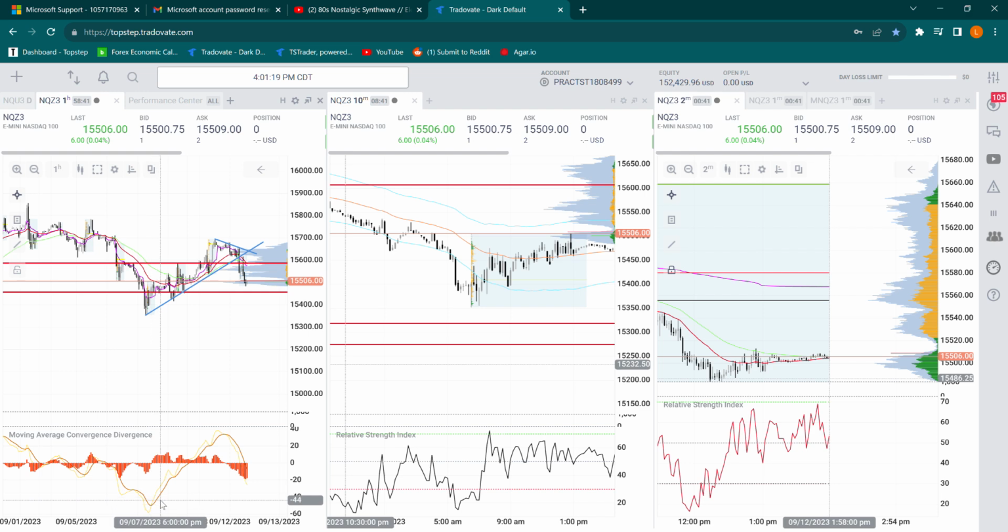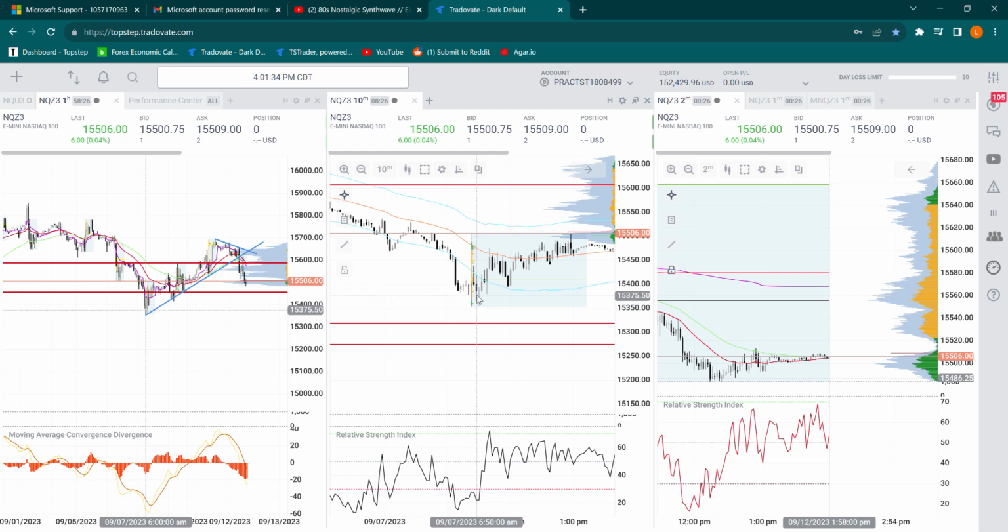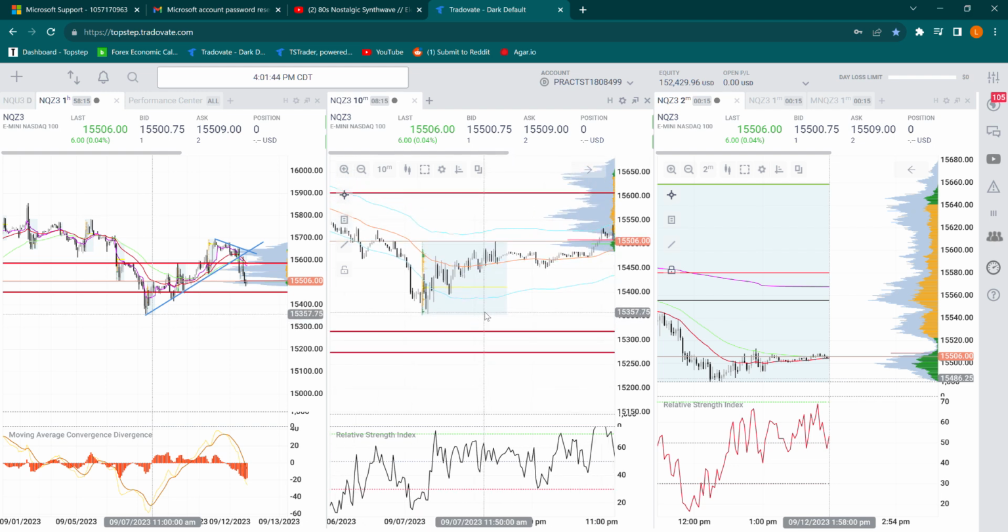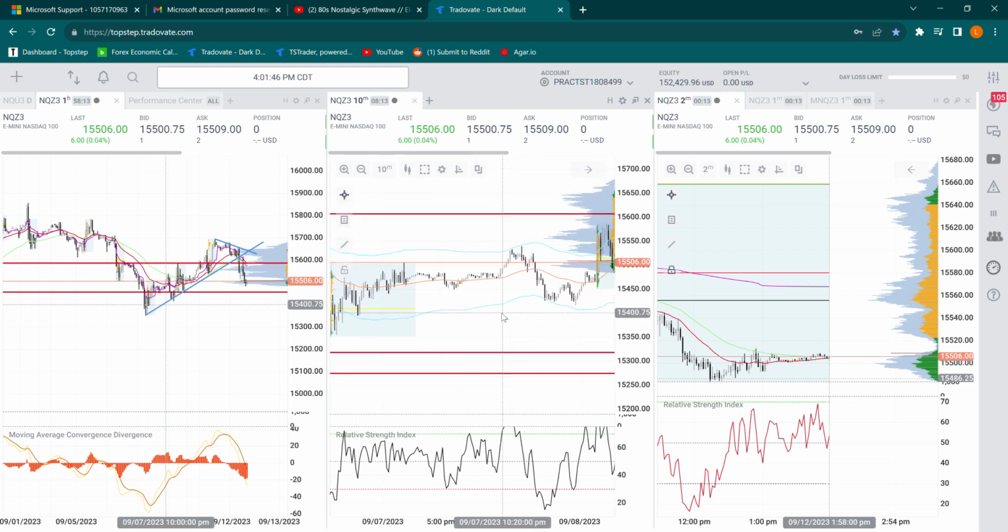MACD also over here is showing positive, still below the midline, but showing a positive change. And this second low here on this double bottom of sorts did diverge as well. And so then we continued up.